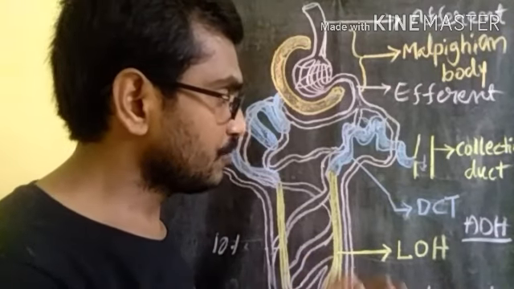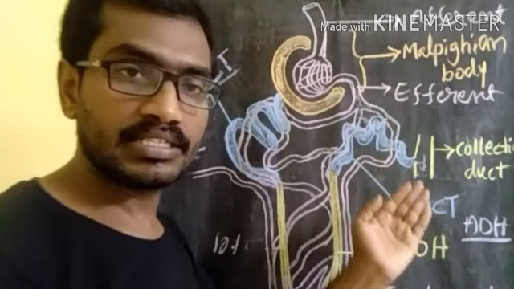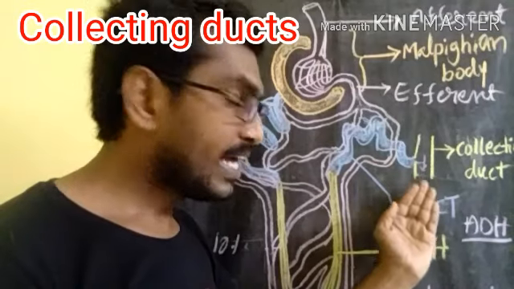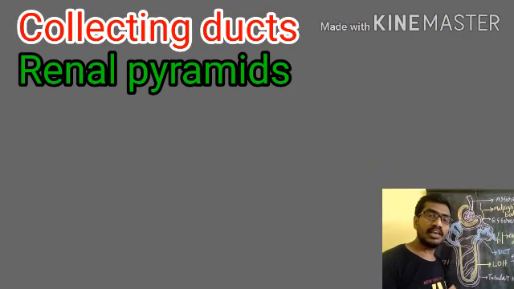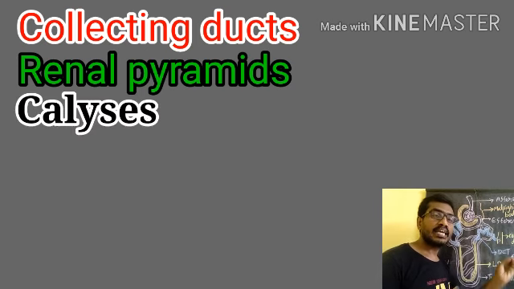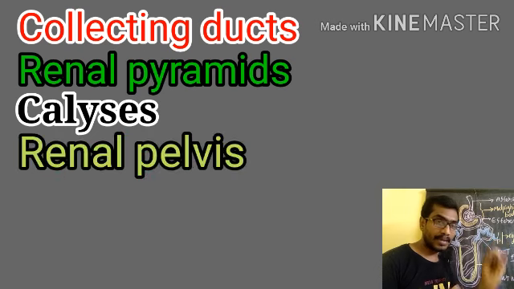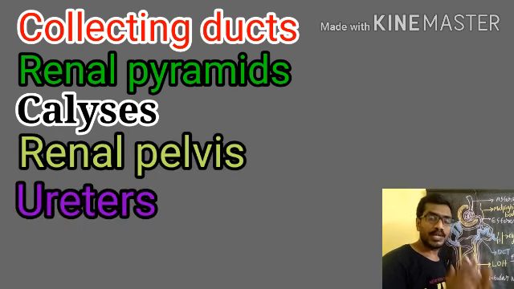The urine which is formed in the collecting ducts enters into the renal pyramids, and then from the renal pyramids it enters into the calyces, from the calyces to the renal pelvis, and from the renal pelvis it enters into the ureters.